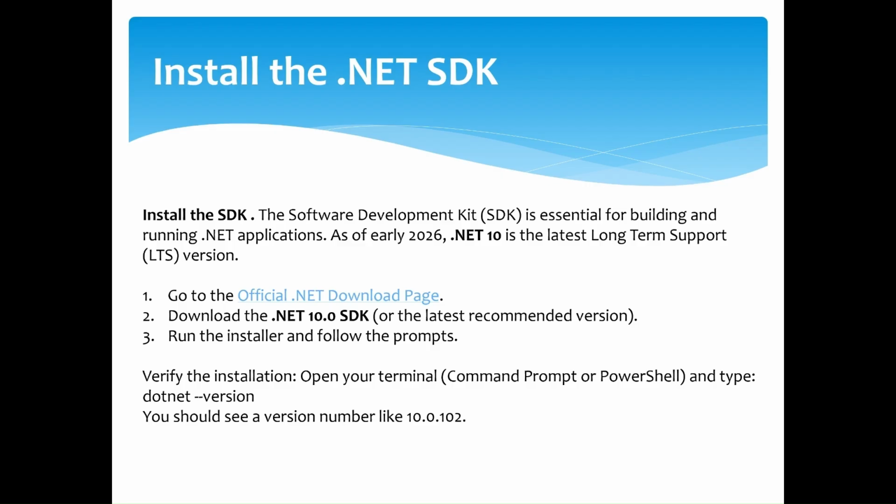Once you install the .NET 10 SDK, open any command prompt or PowerShell, type dotnet --version, and you should see a version number like 10.0.102, which I will show you later, which means that you have the .NET 10 SDK available.